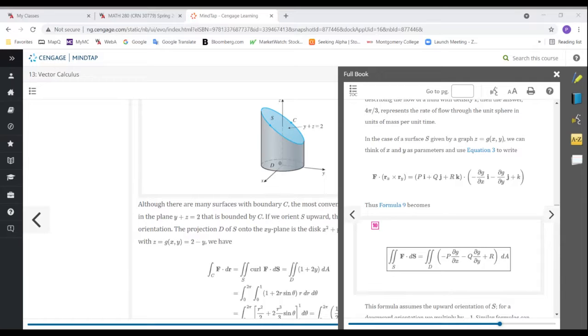So in this formula, the P, the Q, and the R: do they come from the vector field, or do they come from the curl of the vector field? Can you tell me?